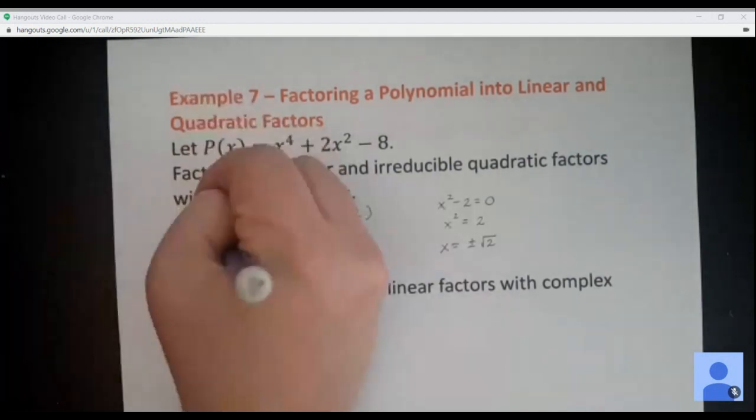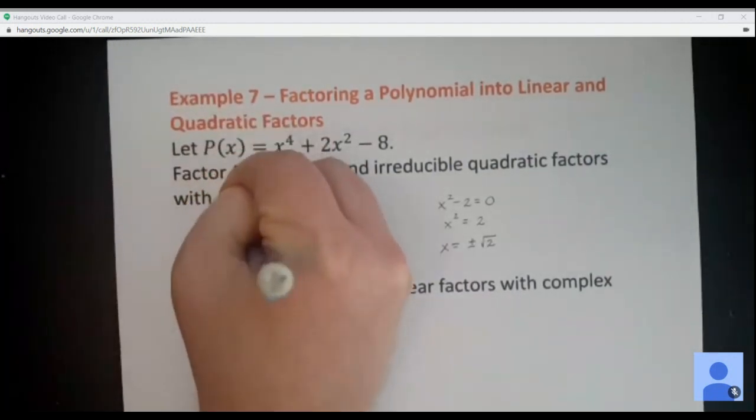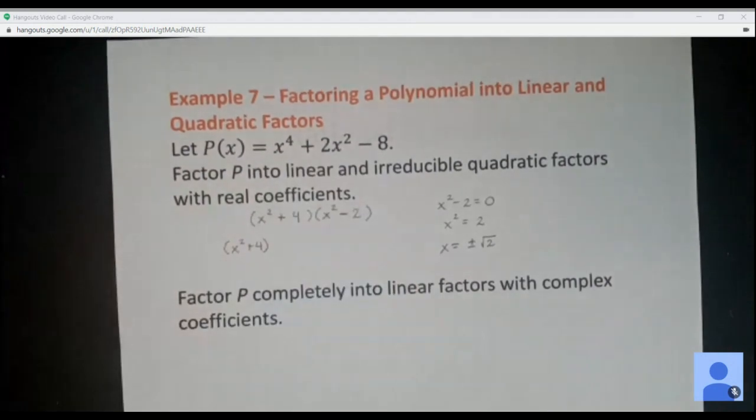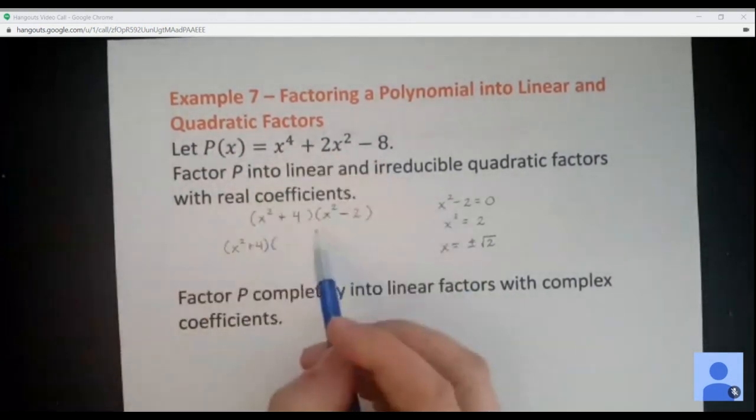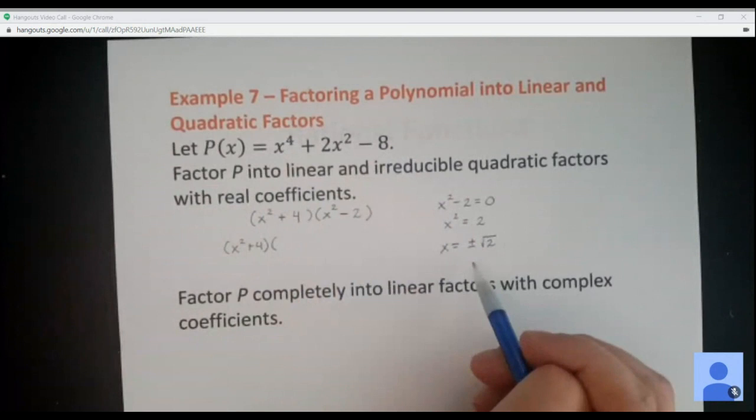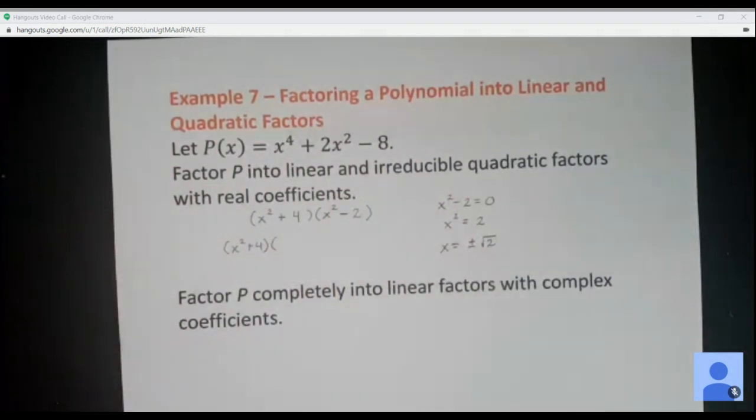We said the x squared plus 4 does not factor, so that's an irreducible quadratic factor there. And then we can factor this thing right here technically into what two factors based off of these zeros? Good.